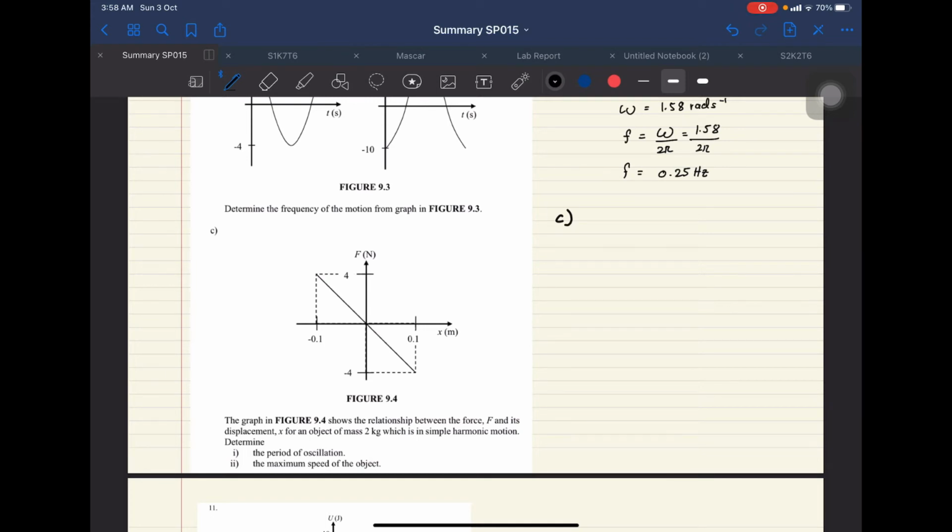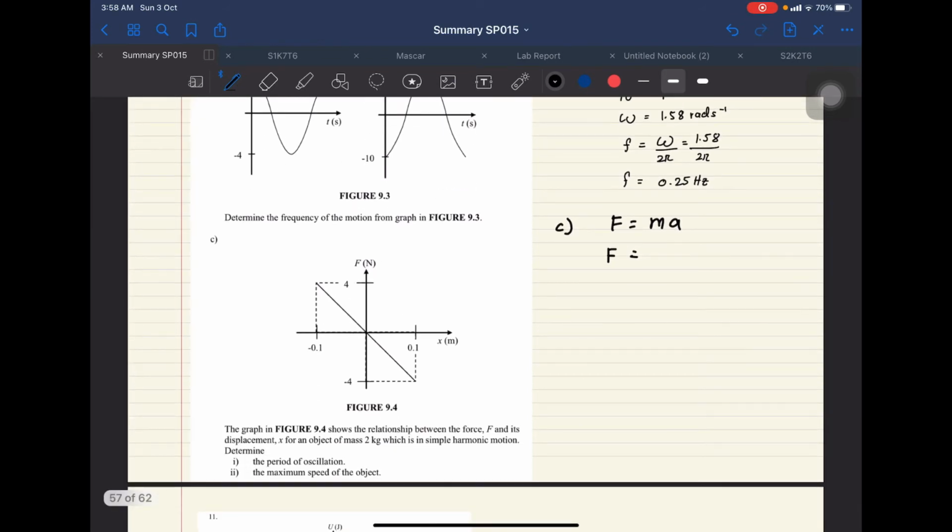You know that F equals ma, so it's from chapter 4, and acceleration from this chapter is equal to, if you refer back to this equation, x omega squared. If I choose the position at the maximum, somewhere over here, then you can substitute the value of 4 for the force.